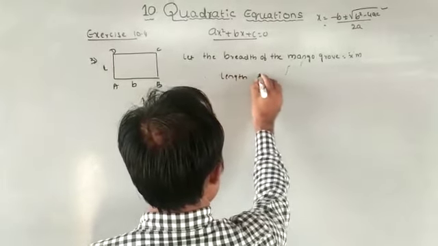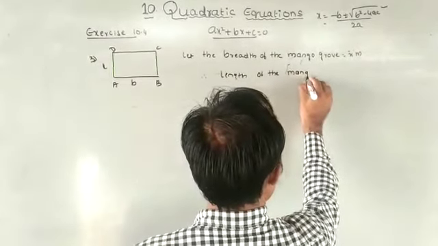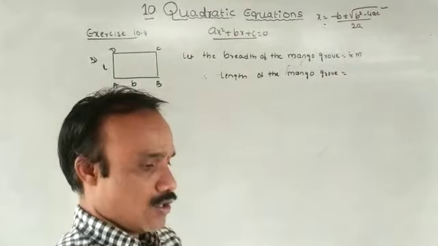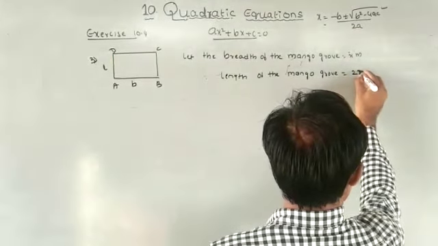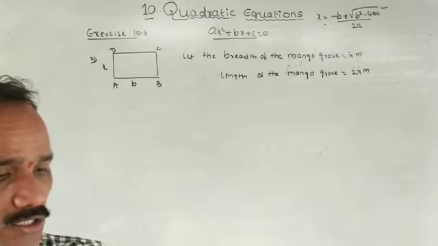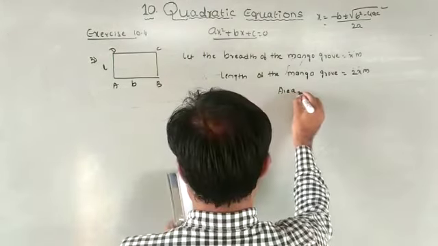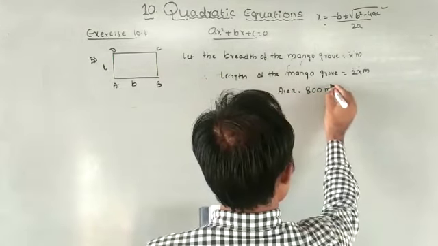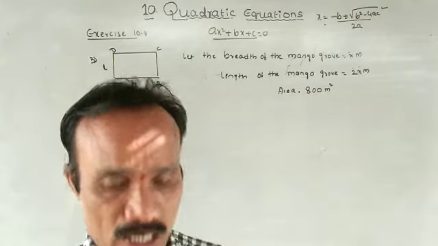So therefore, length of the mango grove, as the condition is given here, length is twice its breadth, that is 2x meters. Okay? Right. And area is 800 meter square. Find its length and breadth.